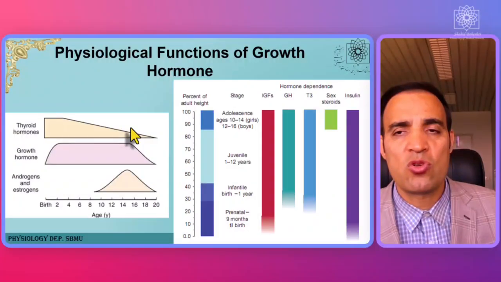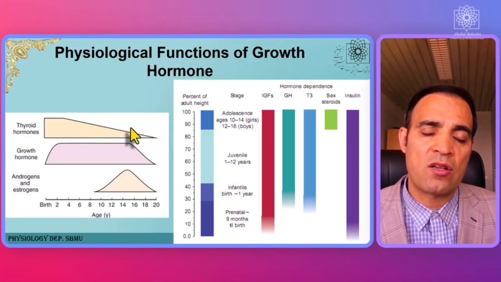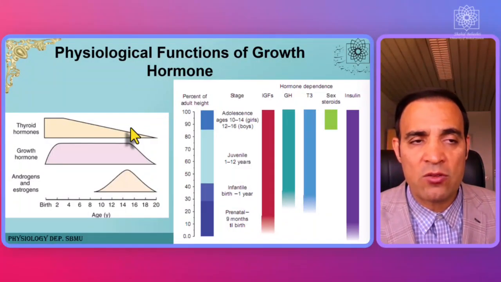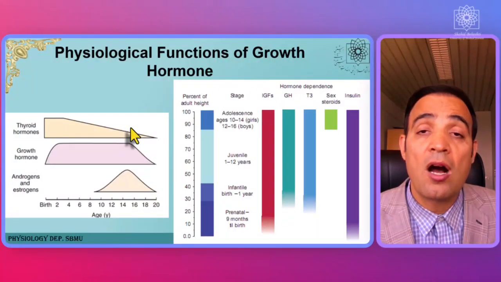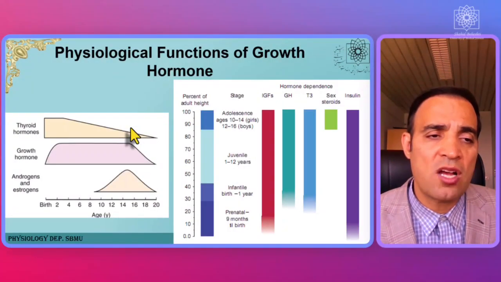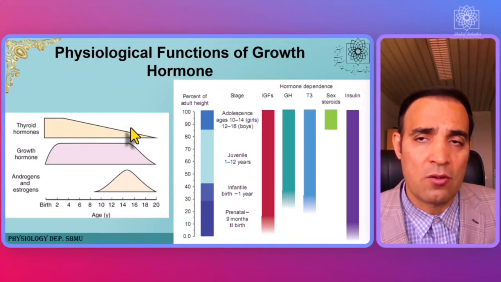If I want to show you the other hormones involved in the growth of the body, growth hormone is a main factor, but thyroid hormones are also very important. The sex hormones such as androgen and estrogen are also very important. Insulin also is very important.